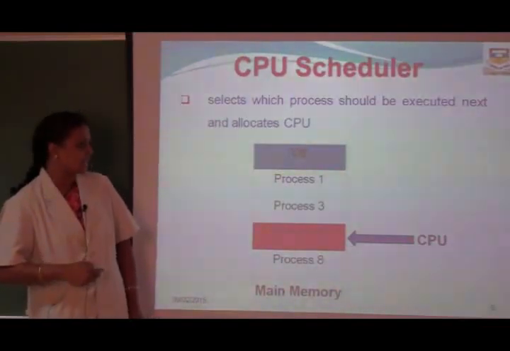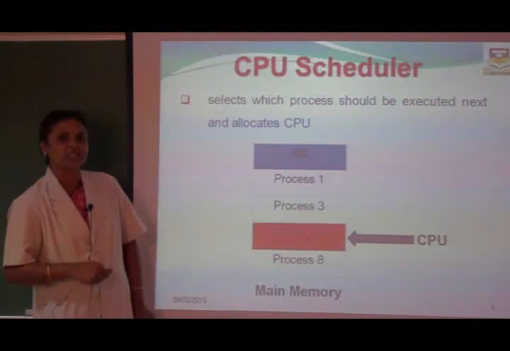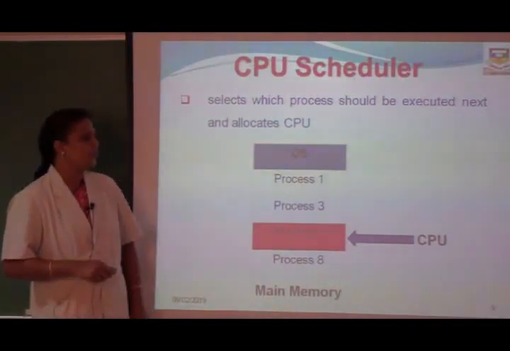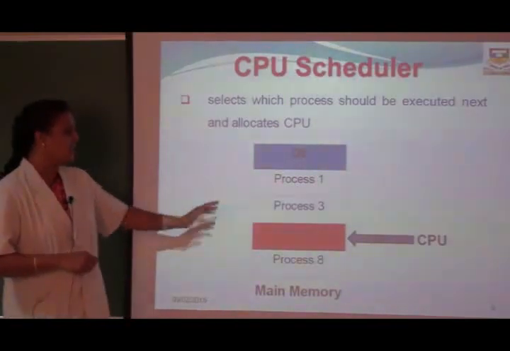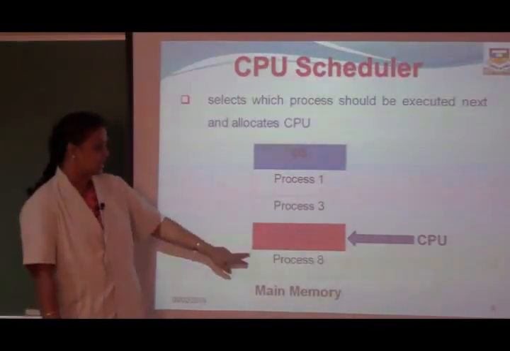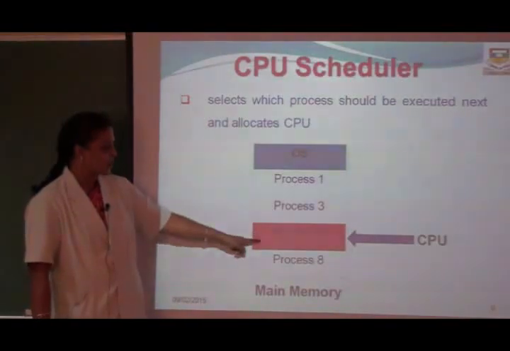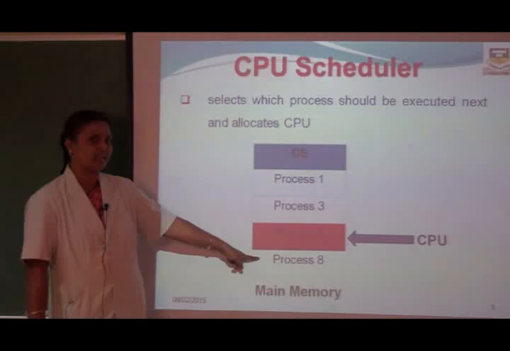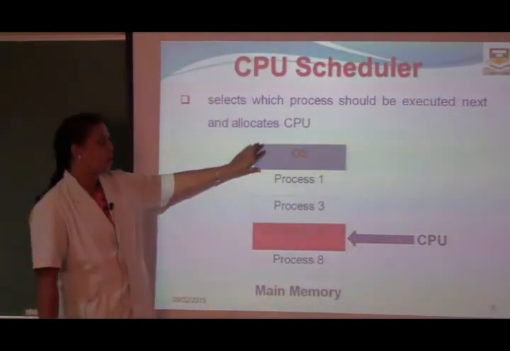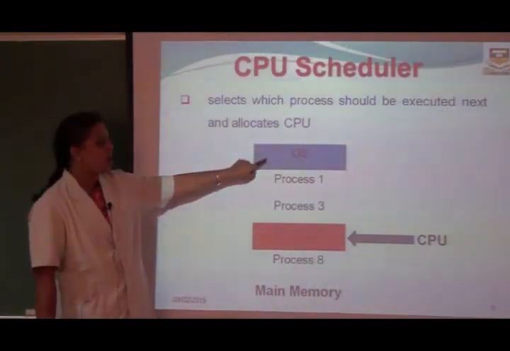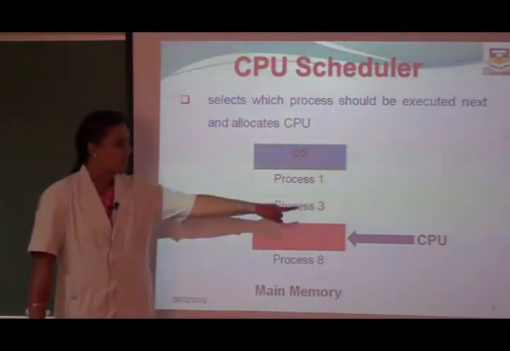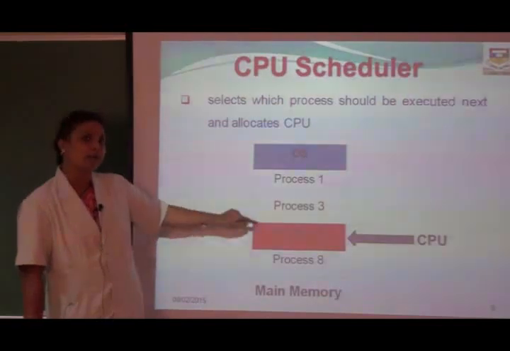So the operating system has to select one process for assigning CPU. How is that process selected? In this example, let us consider there are 4 processes ready for execution. They are residing in physical memory, and in one portion of the physical memory, the operating system is residing. Now among those 4 processes, the CPU should be allocated to one particular process.